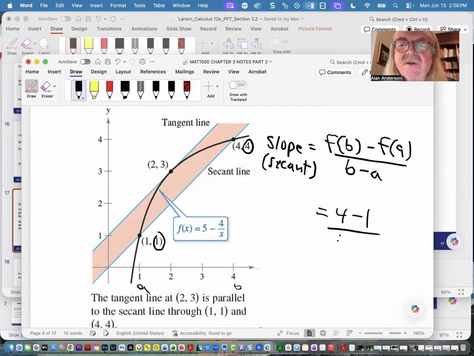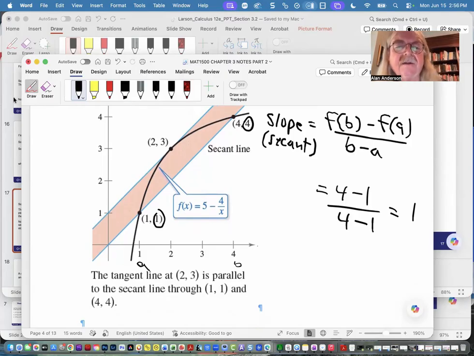Well, looks like they chose an especially simple case. It's 1. So what the theorem is saying is that someplace in here, we guarantee the existence of a point where the slope of the tangent line at that point matches the slope of the secant line.